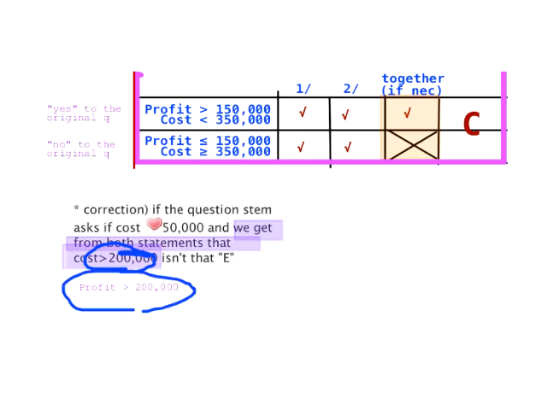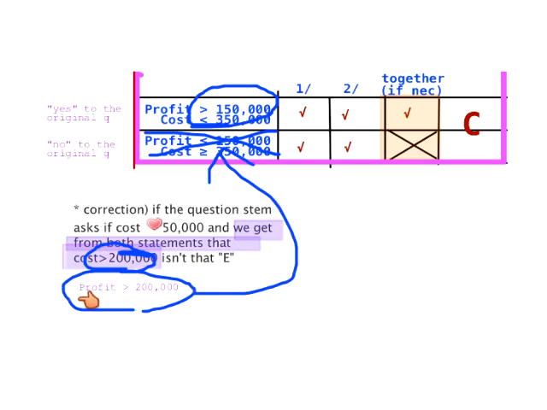But if you find this, then that makes this impossible, and that means the only possibility is this. That's the definition of what sufficient means: you only get one of those. But if you go back and look at the work we did, it's not the cost that's greater than 200K, it's the profit. So you might want to just look over that again.